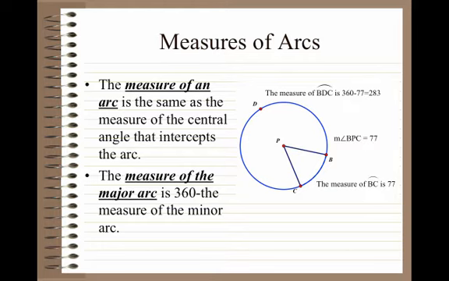The measure of the major arc is always equal to 360 minus the measure of the minor arc, which should make sense. Together, the major arc and the minor arc have to add up to 360. So subtracting the minor arc from 360 will give us the measure of the major arc.